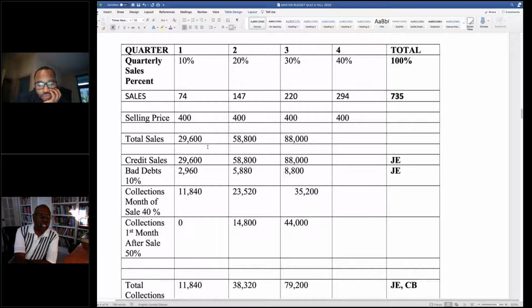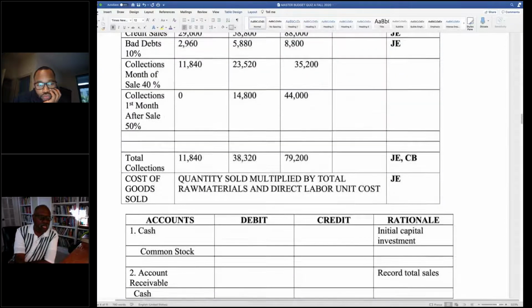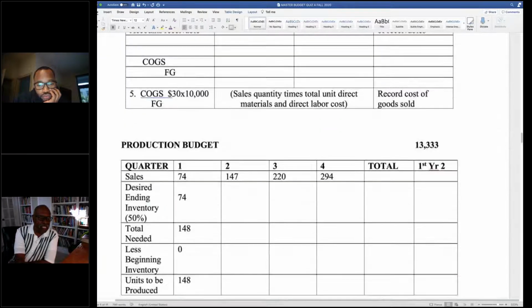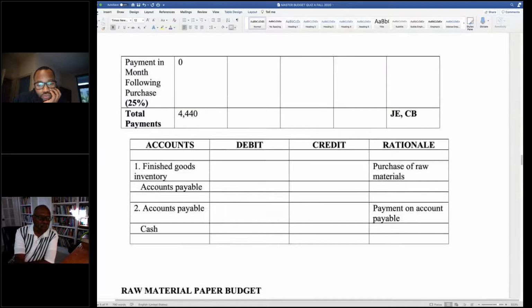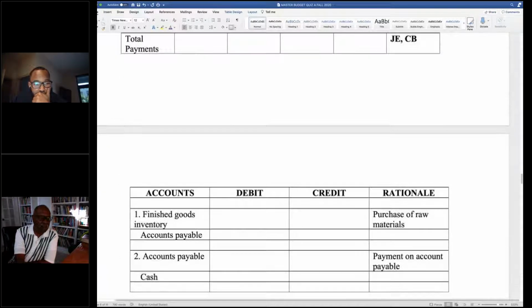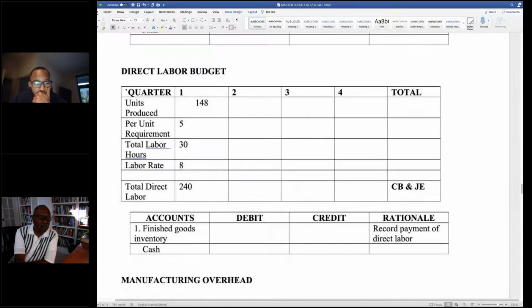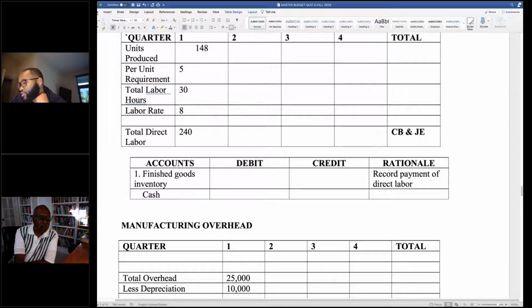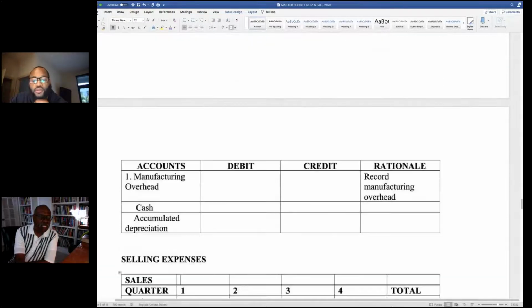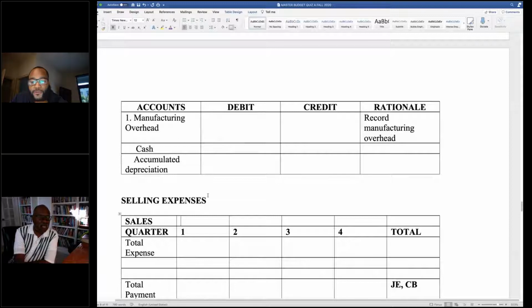How much were the sales? They were 29,600. So we're gonna put the 29,600. Wait, which one are we doing, Professor Boyd? Selling expense. Okay, so put the 29,600 there.